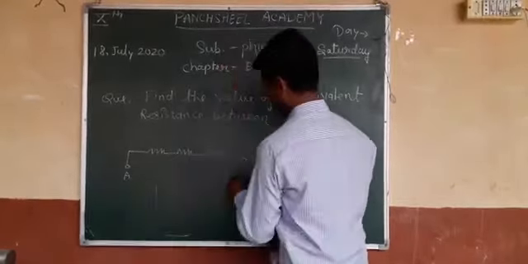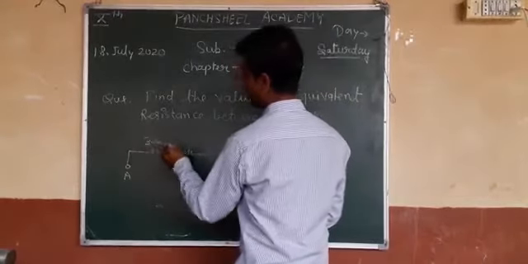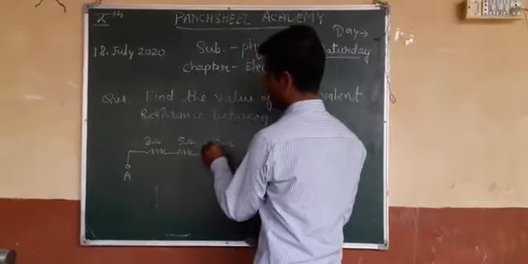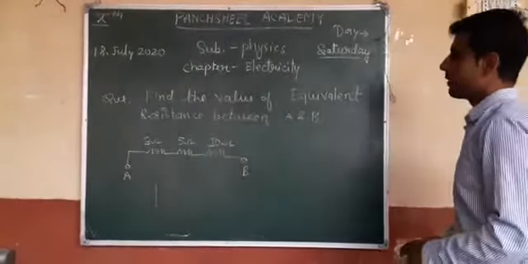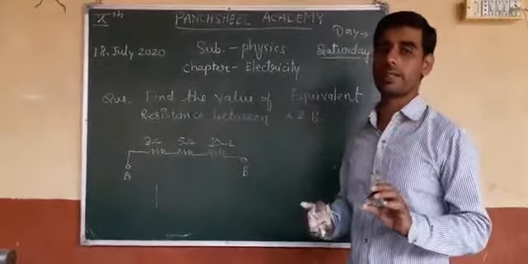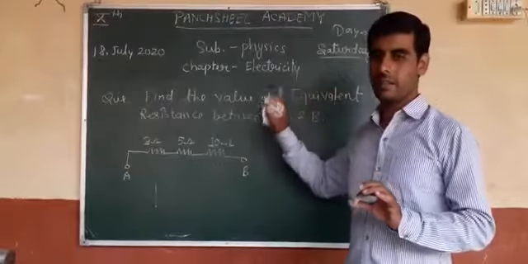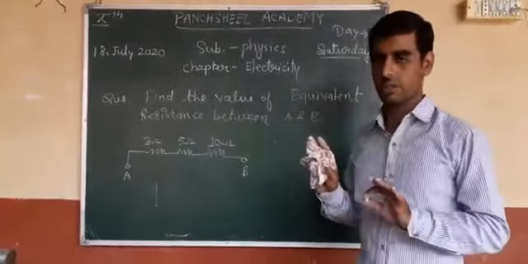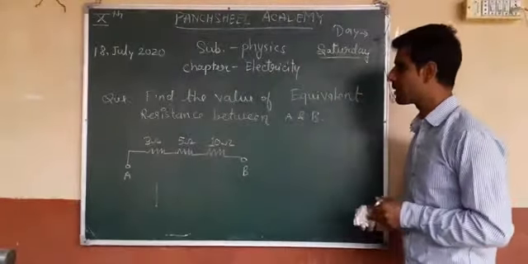This is A and this is B terminal, and the value of the resistances 3 ohm, 5 ohm and 10 ohm. So the question is to find the value of equivalent resistance or total resistance or effective resistance. All these three terms are same, whatever is given in your question, so you need not be confused.